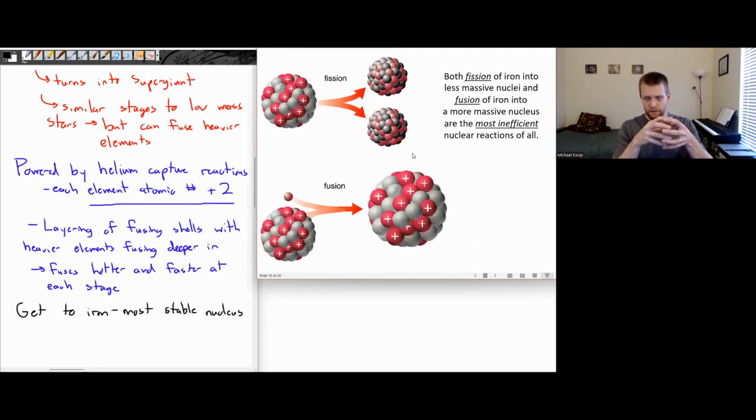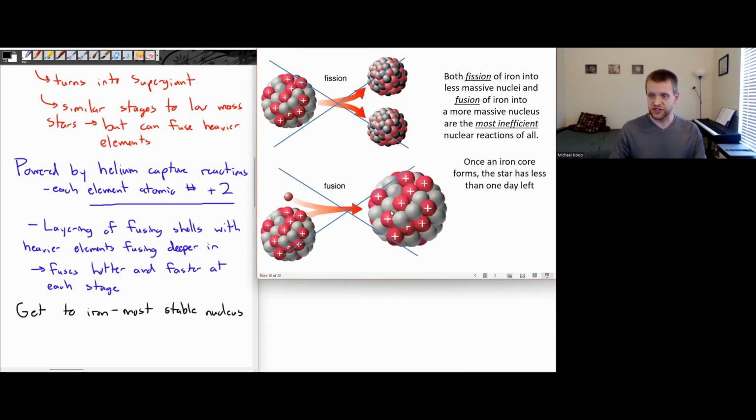So those fusion reactions of heavier and heavier elements that were staving off the death of this star, when we get to iron, that is the end of the line. So neither of these reactions are going to work. And once the iron core forms, computer models suggest that the star would have less than 1 day.